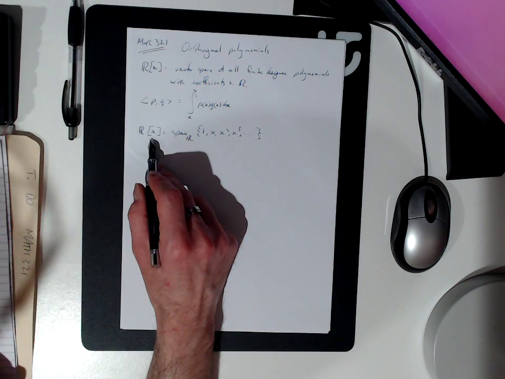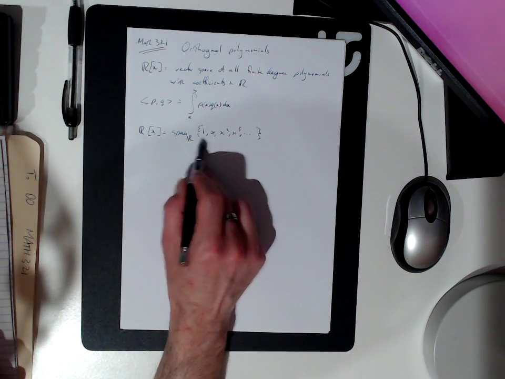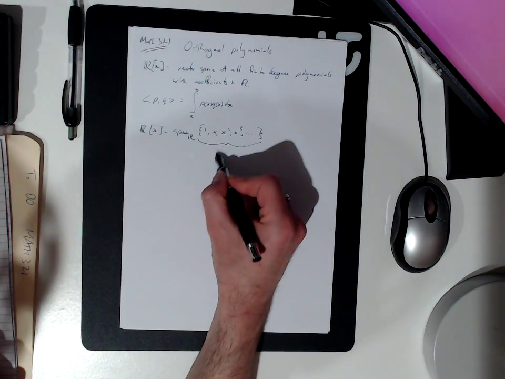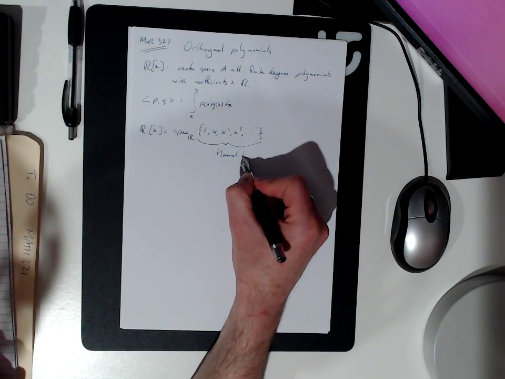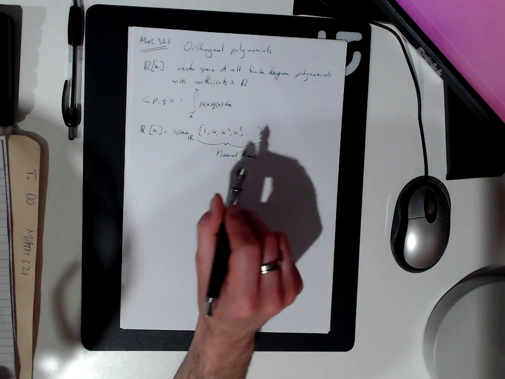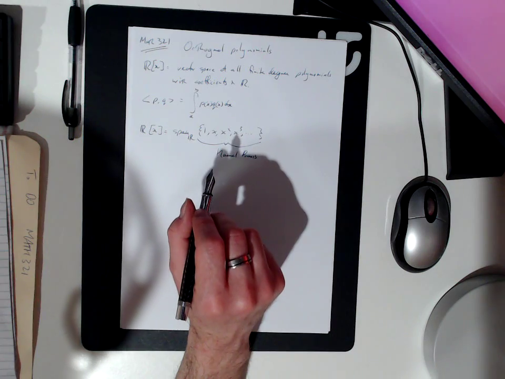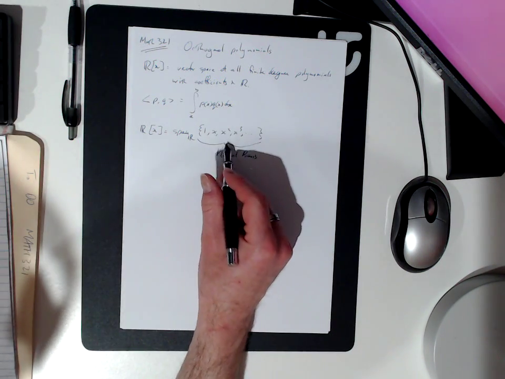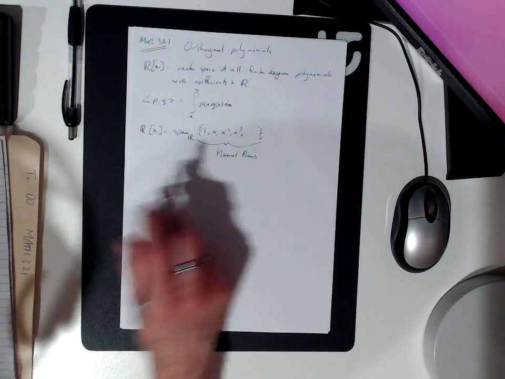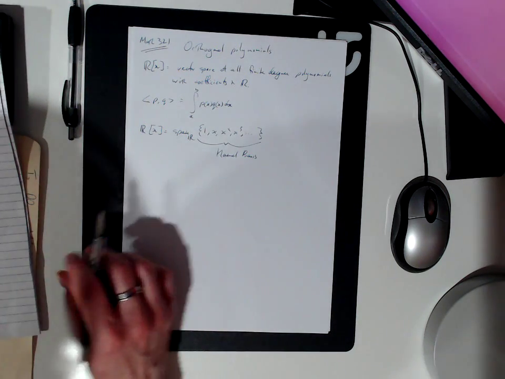This finite dimensional vector space is the span of this set, and so this set is a Hamel basis. The elements of this basis are not orthogonal with respect to this inner product, and you can check straight away.